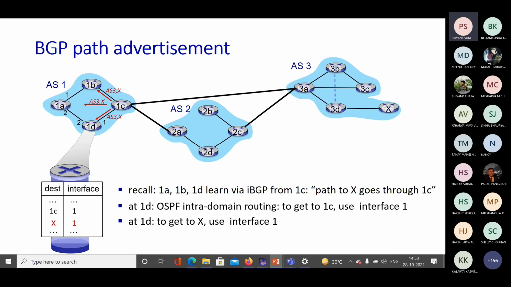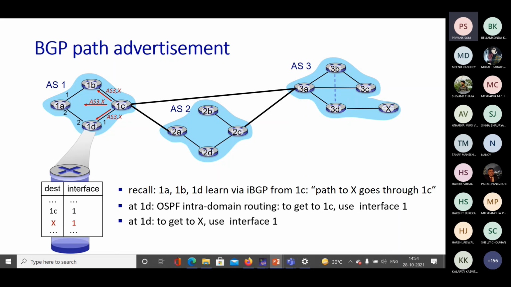And once 1D receives this advertisement of AS3,X, what is it putting in its forwarding table? That if it has to go to destination X, the interface that it has to use is 1. So how is this information being sent? We know that within the AS we use intra-domain routing, and outside the AS we are using inter-domain routing, right?